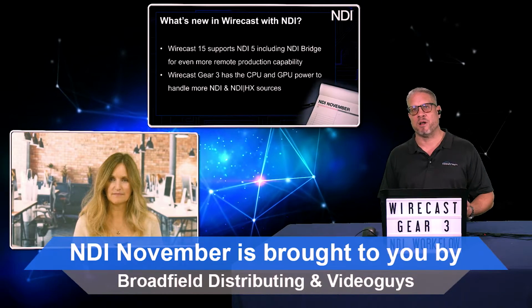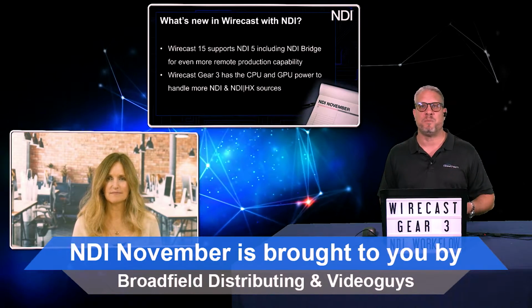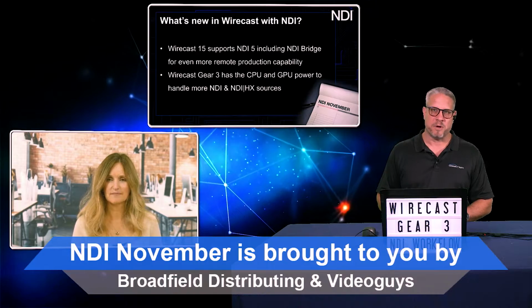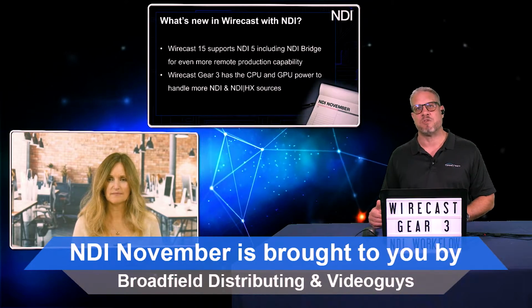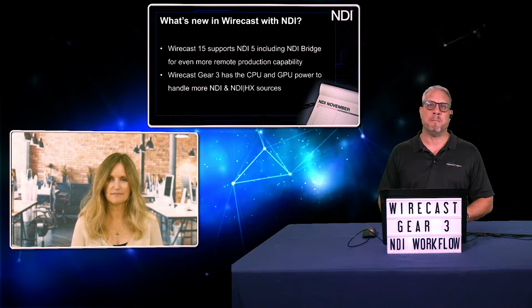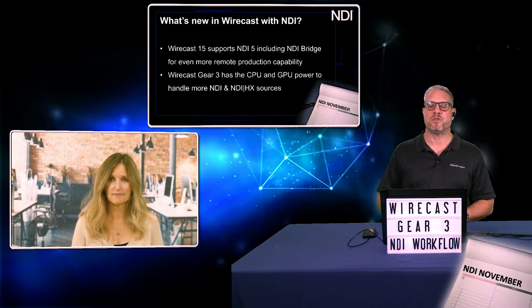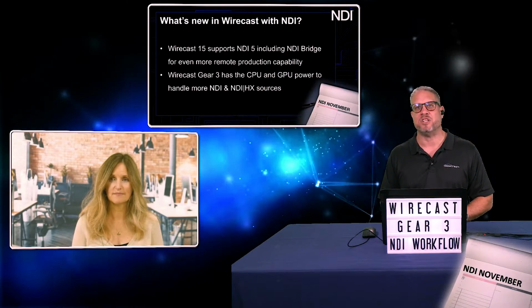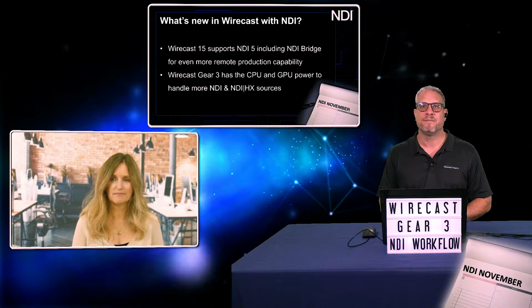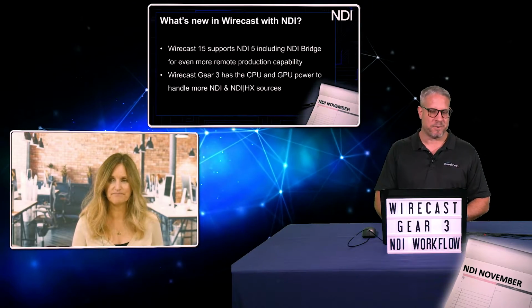So when we spoke earlier about the CPU and GPU to support a machine to run the Wirecast and Wirecast Pro software, that's going to be a bigger consideration as you start bringing in more and more of these NDI HX sources, right, Lynn? Right. Yeah, exactly. Perfect. Well said.